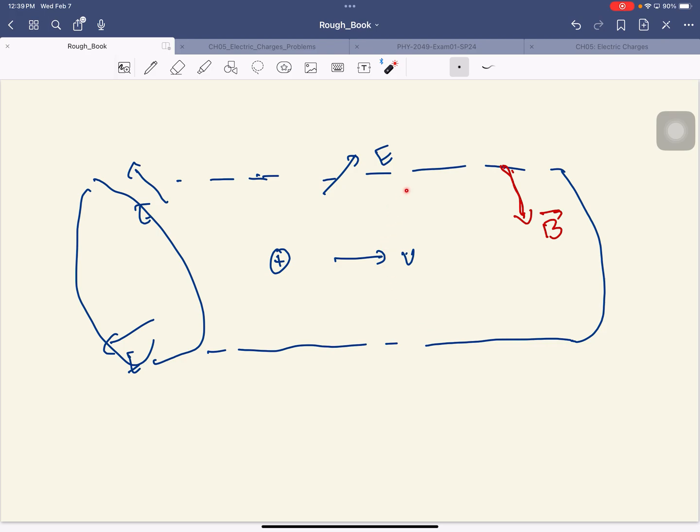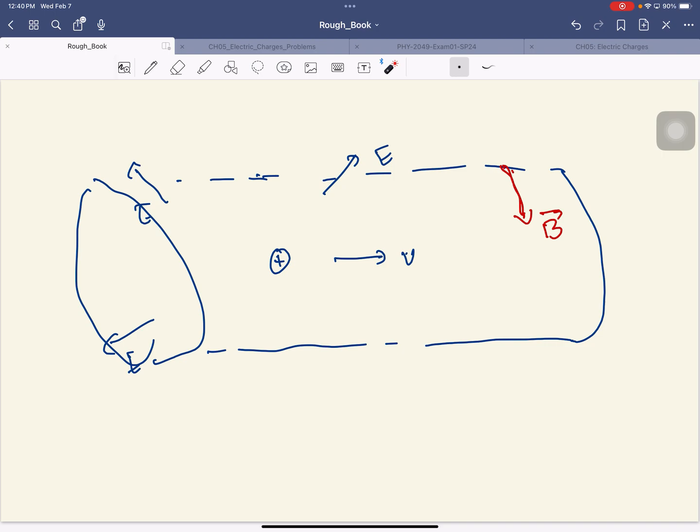Imagine a cylinder around it, centered around this axis, and the magnetic field is tangent to this cylinder. If you point your thumb in this direction with your right hand, your fingers will point in the direction of the magnetic field. So if you point your thumb like that, the magnetic field will be like this.